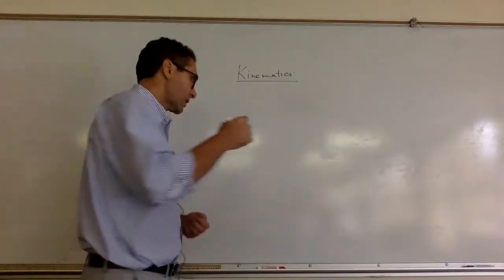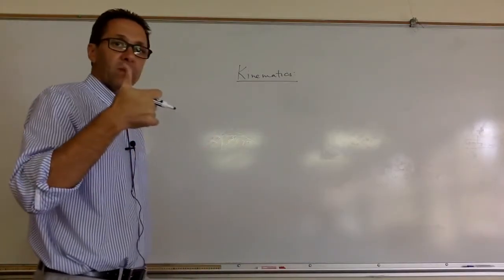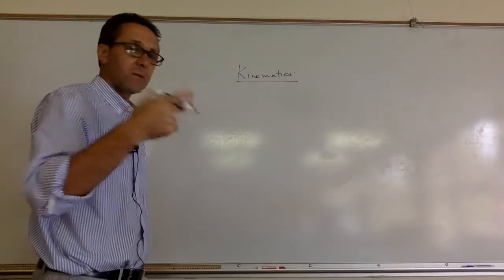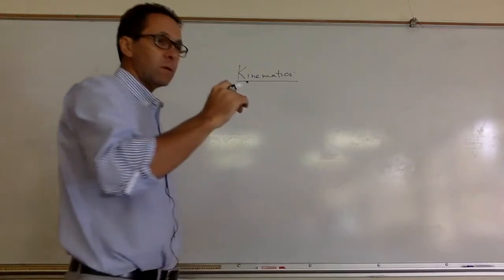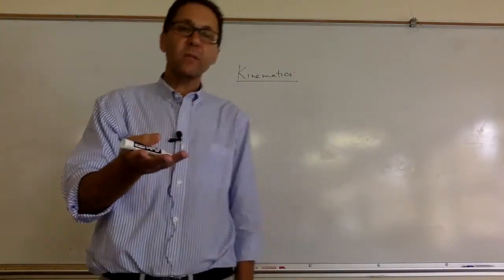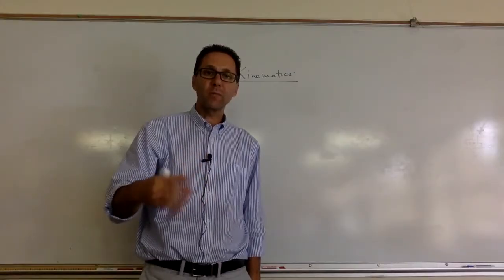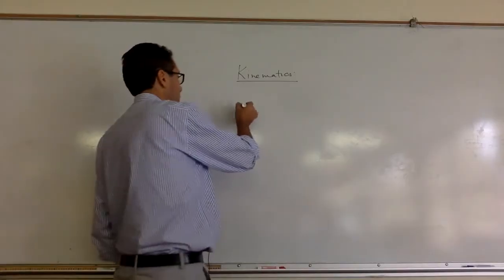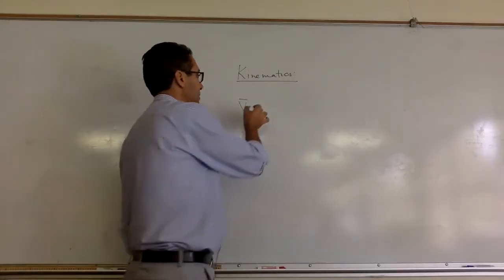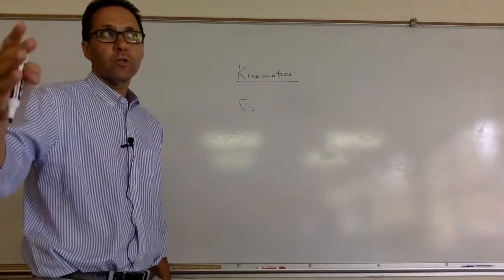Two big concepts in kinematics are velocity and acceleration. So I'm going to start talking about velocity, and speed. Speed is just how much distance you travel in a certain amount of time. It's the ratio of those two. So I'm going to do the average speed, because that might be changing during your travel.